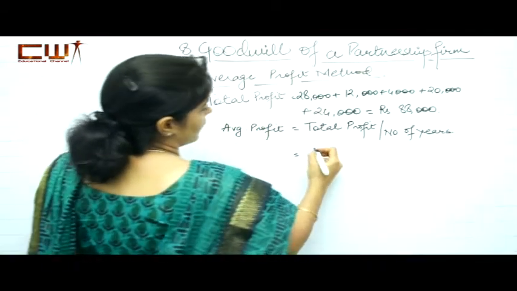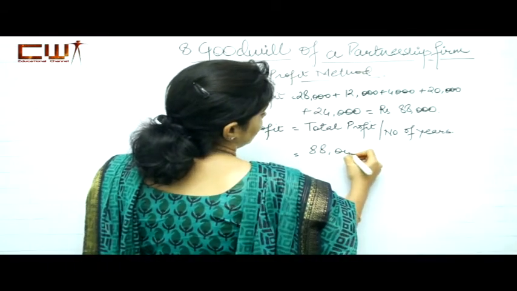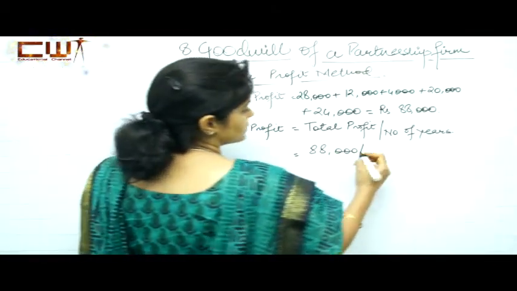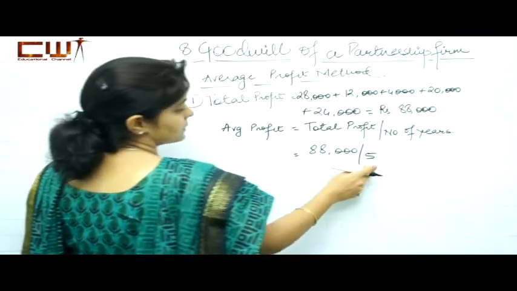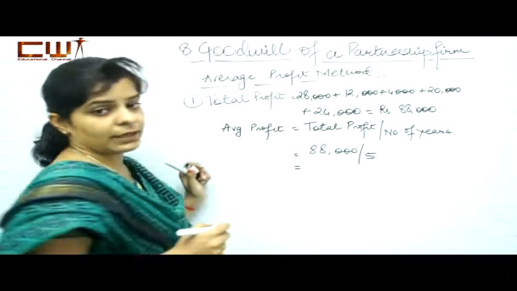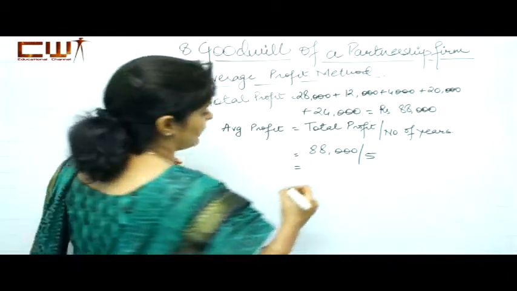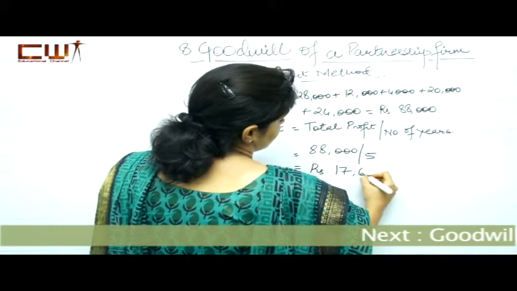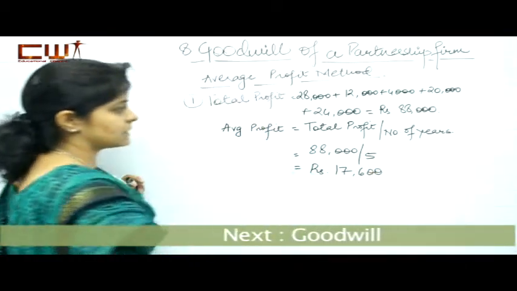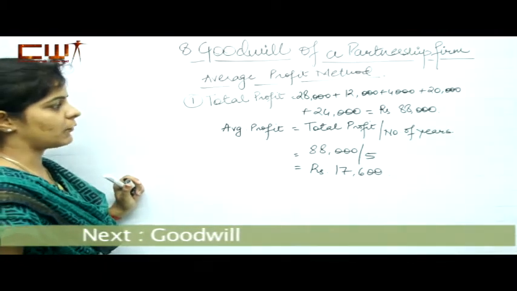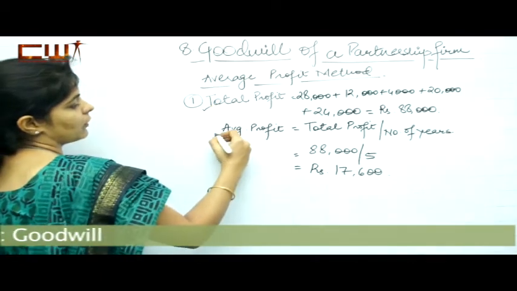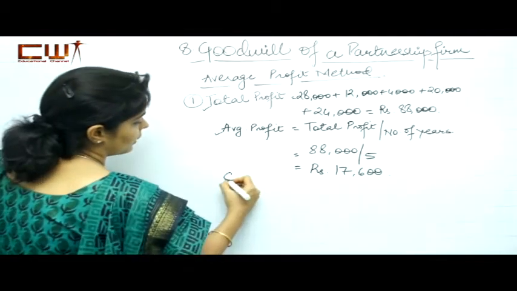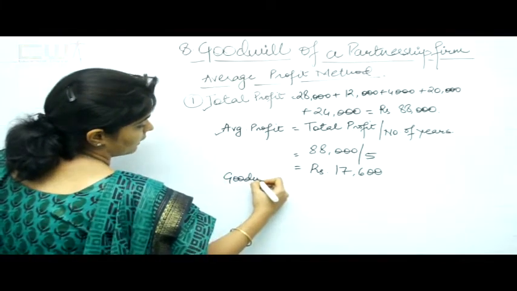What is the total profit that you got? 88,000, right? What is the other thing? That is number of years. How many years is this profit for? 5 years. So 88,000 divided by 5 will be 17,600. So rupees 17,600 is your average profit. You have got total profit, you have got average profit. Next, finally you will be calculating goodwill.